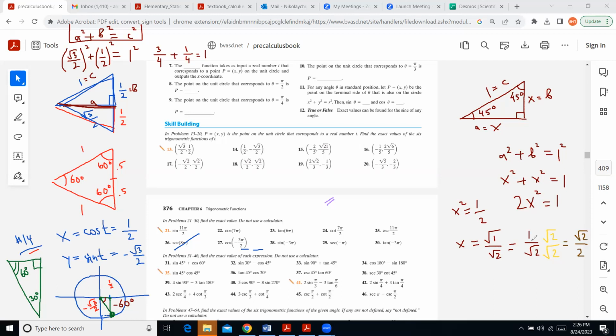So I say, you know what? It's questionable. Is it better to have 1 over square root of 2, like you used to have, or radical 2 over 2? Well, in this book, they like 2 in the denominator, not square root of 2. In fact, in all trigonometry textbooks, it's the same story. So they prefer square root 2 over 2.